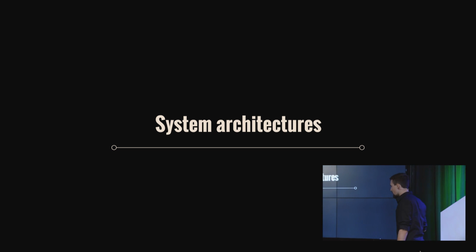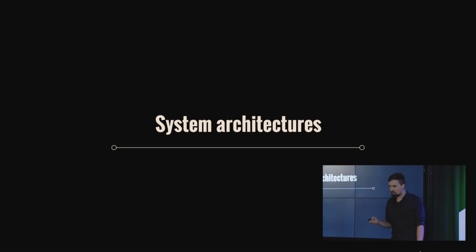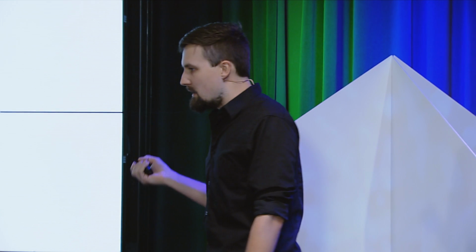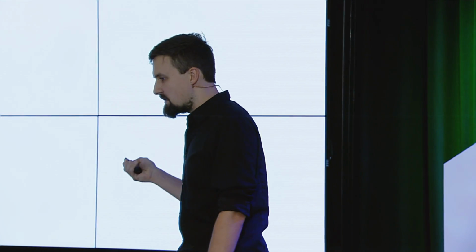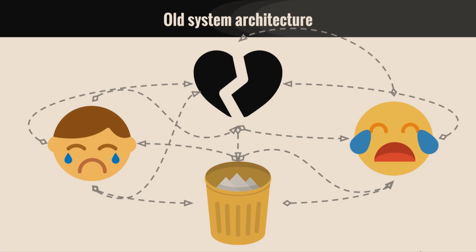Backing up or fast forwarding, depending on the view, I'm going to give a brief overview of the system architectures. This is the old system architecture, which consisted mostly of broken love, tears, and trash.